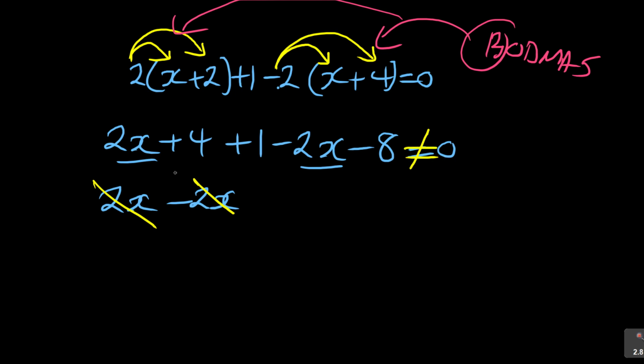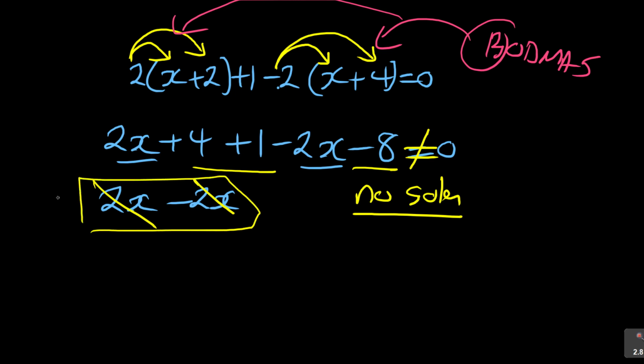We just say no solution here. Because 2x minus 2x, it will simply give me a 0. So even if I add 1 plus 4 minus 8, it's not going to change anything. This is the decider. As long as x disappears, we can't do anything after that.